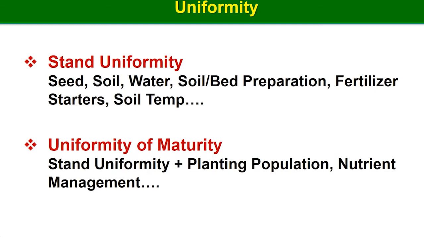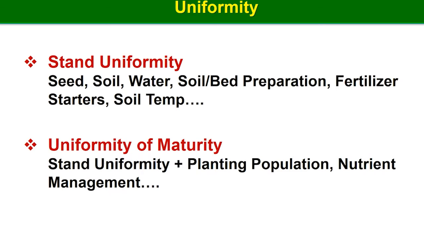But for uniformity of maturity, the stand uniformity itself plus plant population and nutrient management would be the factors. If we have a higher population, we will usually have a delay in maturity.